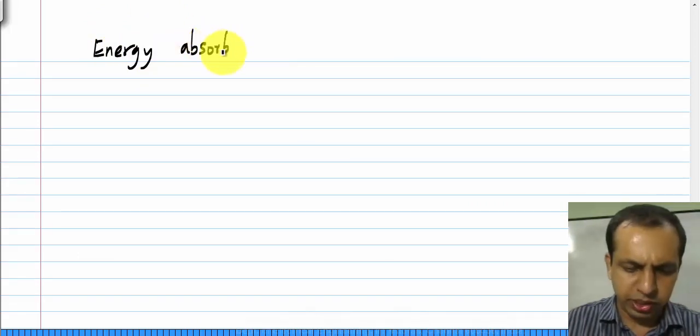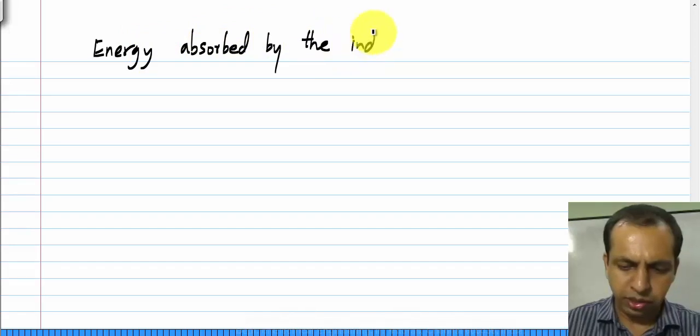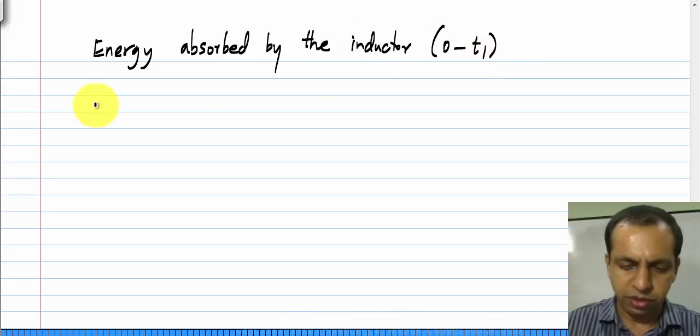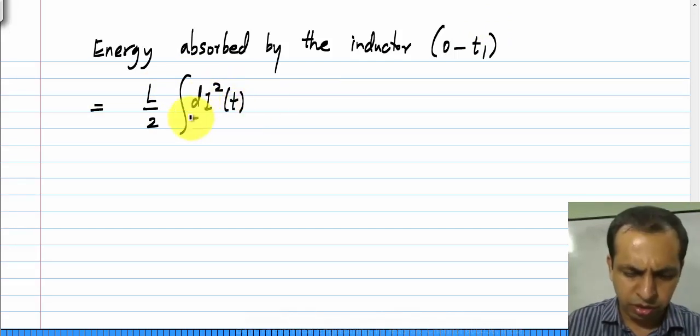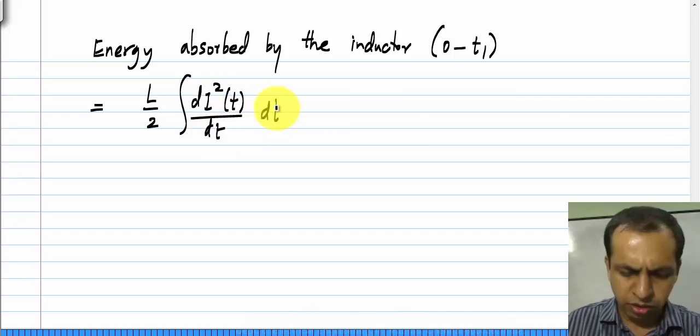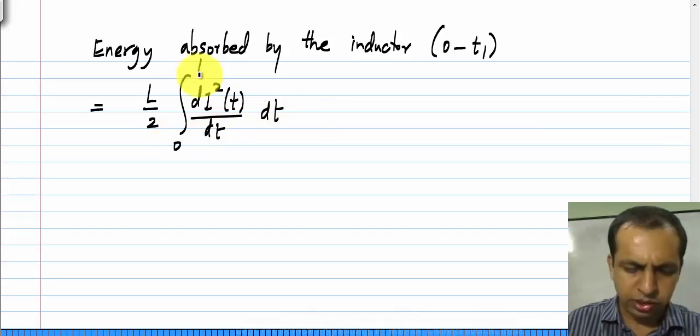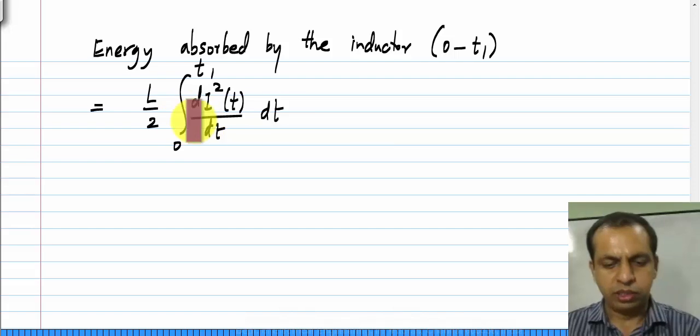So, the energy absorbed by the inductor over an interval 0 to t1 equals this, which is the integral with respect to time of the time derivative of I squared.